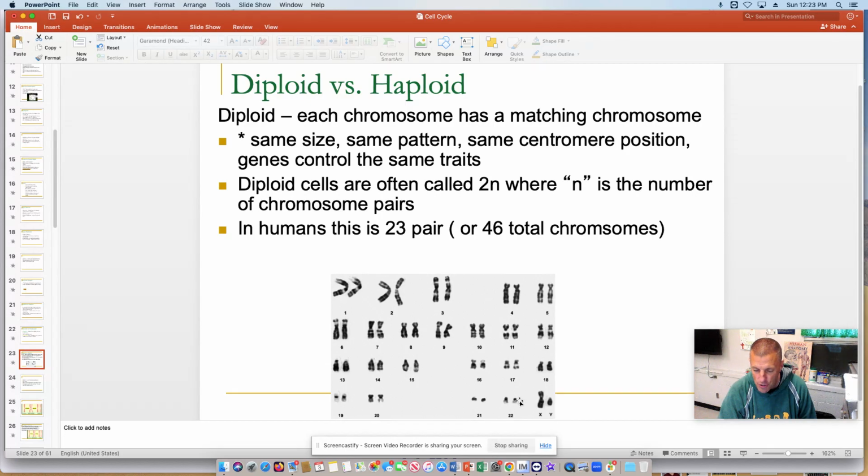Boys have 22 sets of homologs and one set that's not homologous, because this Y doesn't have everything that the X has. Now, it has some of the same traits, but some it just doesn't have at all. And that's one of the reasons that you end up with some traits or conditions that are more prevalent in boys. And one of those, as you may be aware, is color blindness.